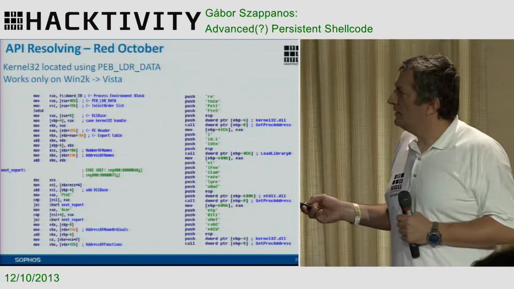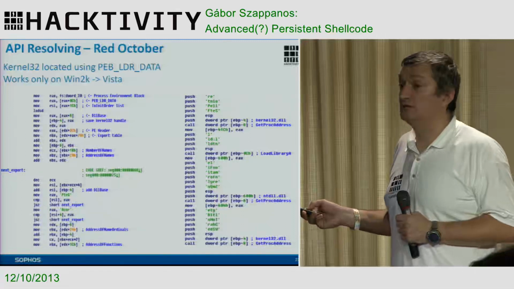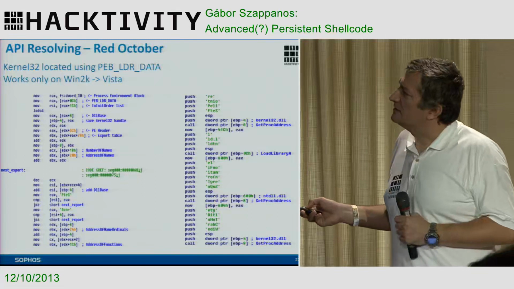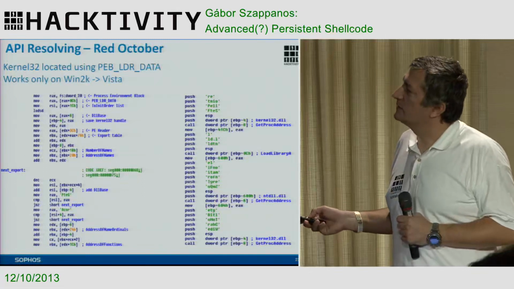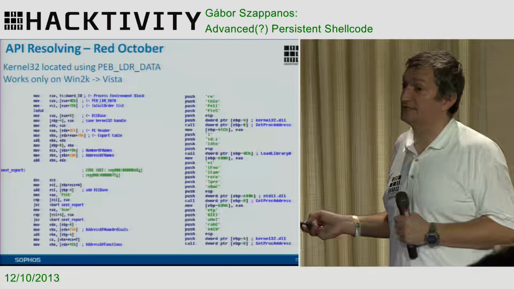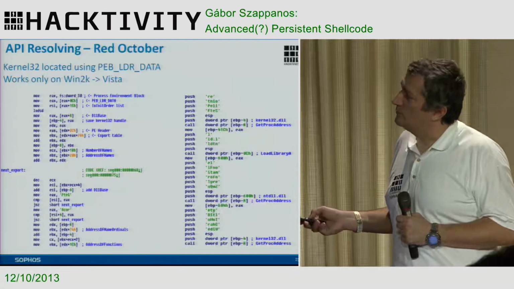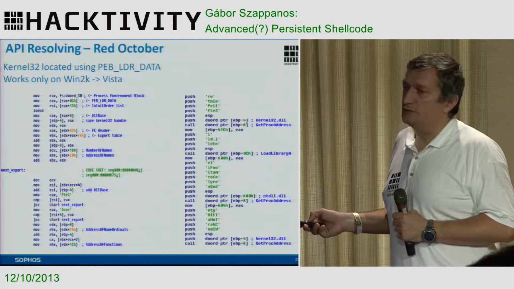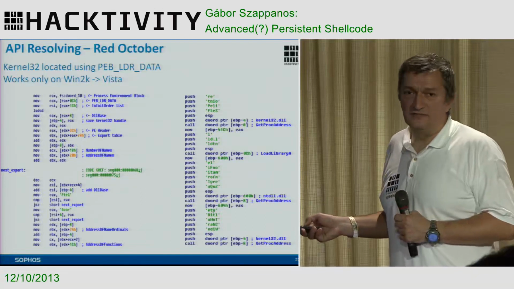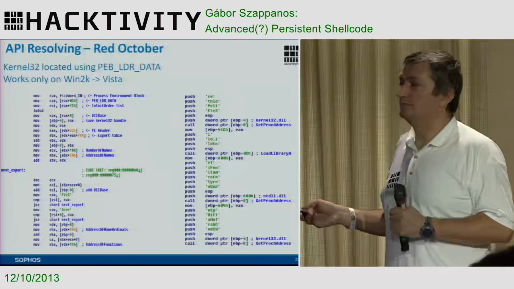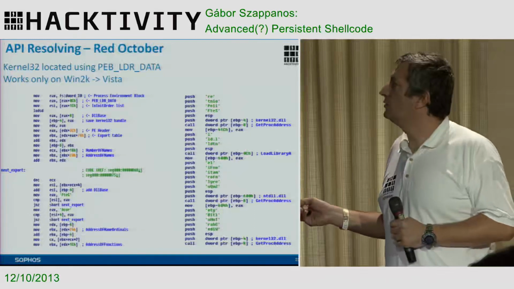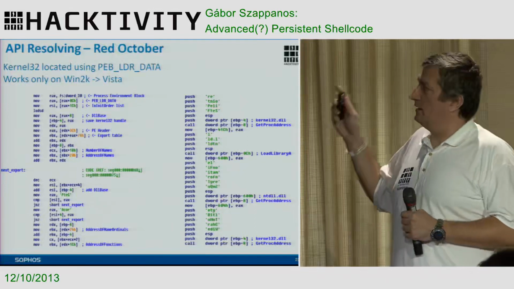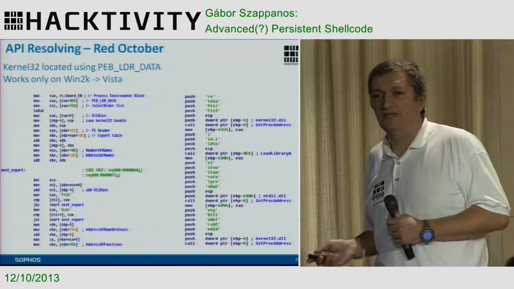So at this point, it has the load address of the kernel DLL, and it can navigate to the export table, go through the exported functions in kernel DLL, find the one that starts with get, then continues with proc, so it navigates to GetProcAddress, and from that point on, it can load any other Windows API function that it needs.